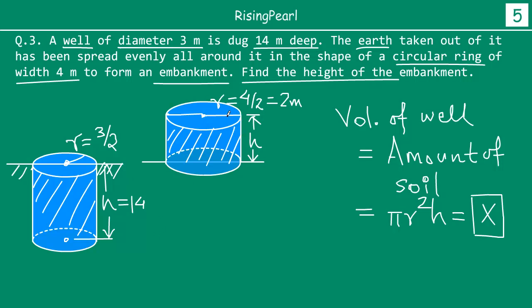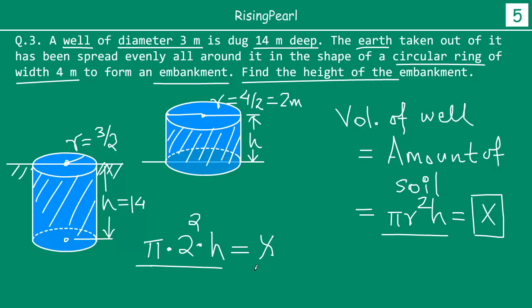So what is the volume of this cylinder? That will be pi, r is 2 here, pi r square times h. We don't know h, but this volume is equal to the amount of soil. So this volume should be equal to x. Whatever the value of x is, we can solve here because we know r, we know h.